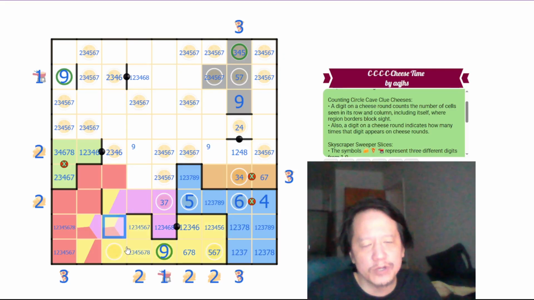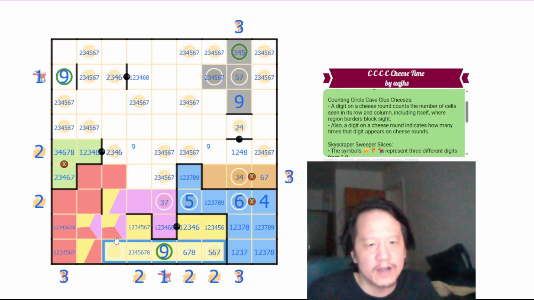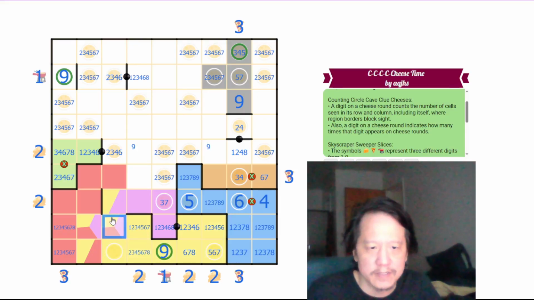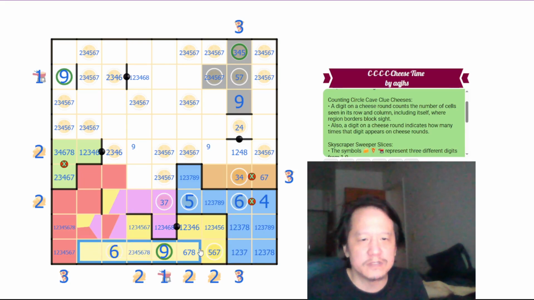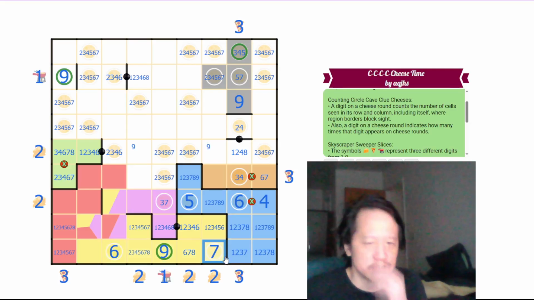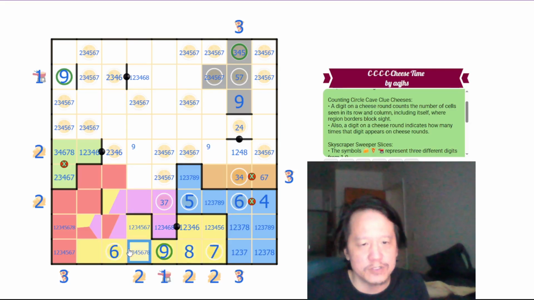Then if the yellow were here, this would see 5 and 1, that's 6. This would see 5 and 1, that's 6. So this cannot be yellow in that case, which means yellow would have to be here. So yellow's there, this would be 6. Now it sees 6 cells in the region. This would see 7 cells in the region. That would force this to be 8.